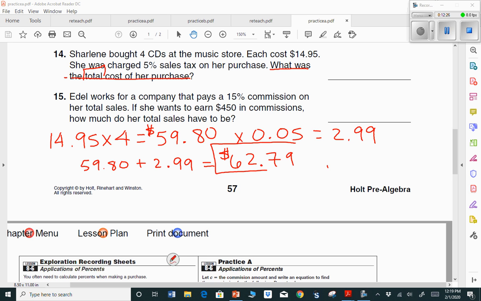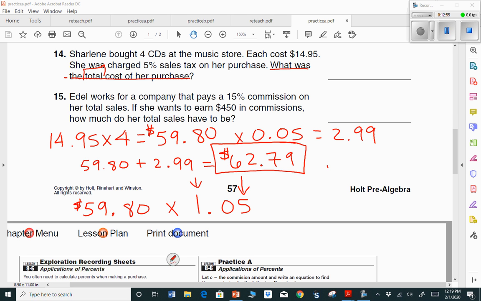Now, I want to show you something. Some of you won't get this, but some of you will. Once you know what the CDs cost, let's go back to that $59.80 figure. To get the total cost, here's what I like to do. I'm going to multiply it times 1.05. The 1 just gets you the $59.80 back, and the 0.05 gets you the tax.